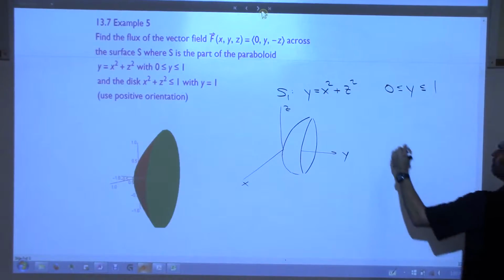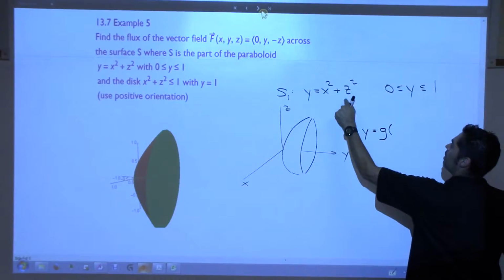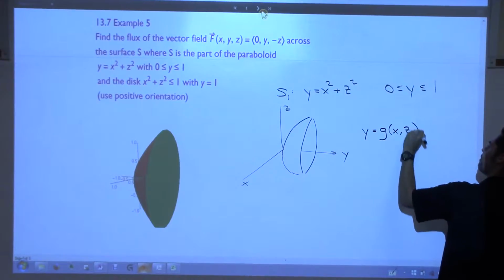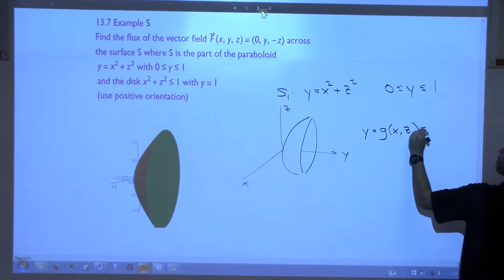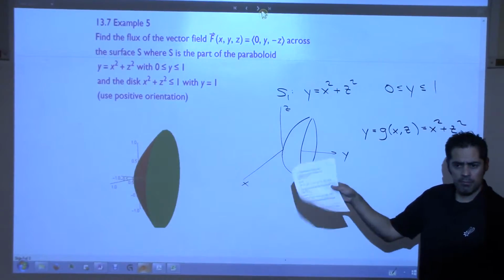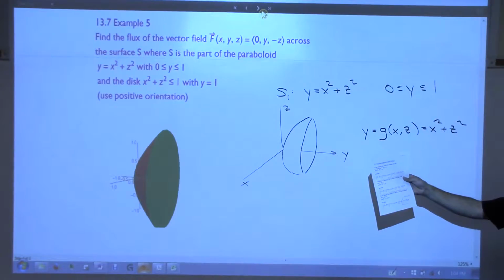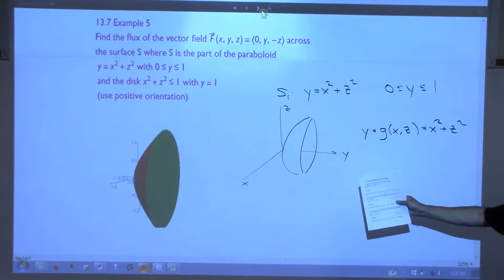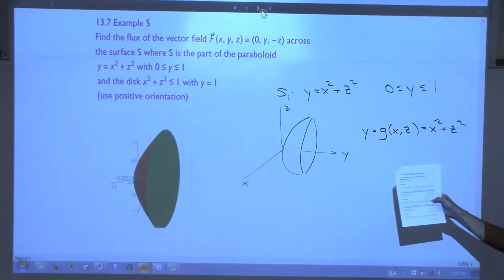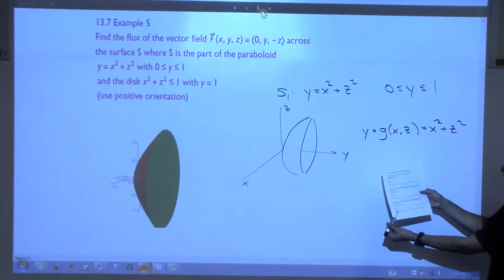And I believe that I could write y as a function of the two other variables, x and z, and therefore it would be a special case. And I gave you that sheet last time, right? Or does this come out of the notes? This is in the notes, right? It has the 3 special cases. So we are looking at the case which is the bottom case right here.